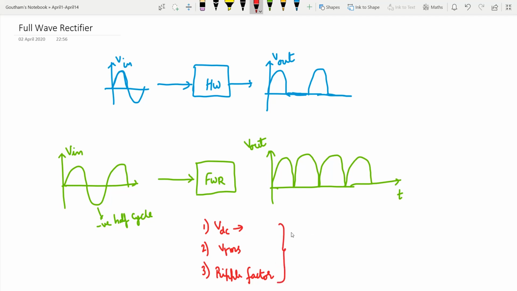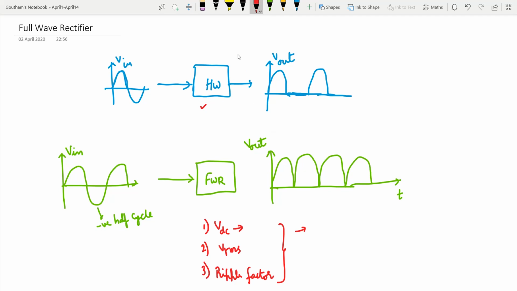The calculus and algebra involved in this calculation has already been explained in detail for the half wave rectifier. So that would be one of your assignments for the upcoming class.